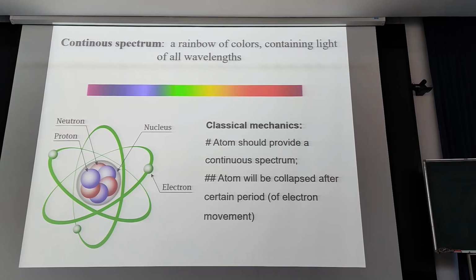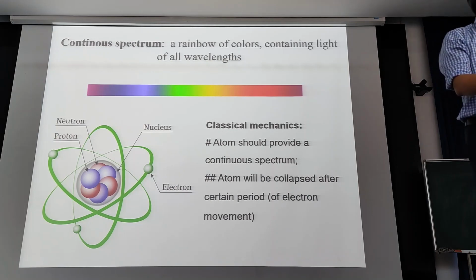Okay? So imagine that you have a positive charge, and you have an electron at this distance. First you have one movement, and then this guy gets closer because of the attractive force, right? Then it moves, and gets closer, moves, gets closer, and at one moment there is no more distance between positive charge and negative charge.